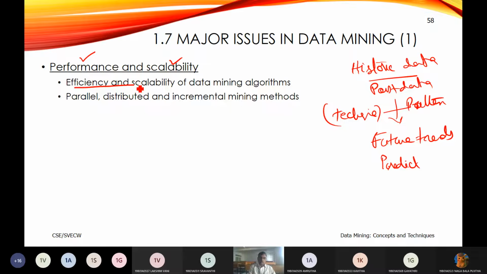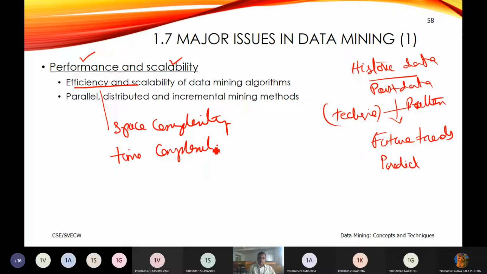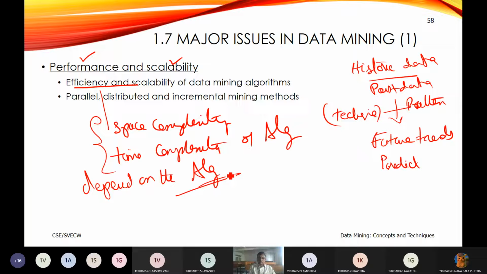Now we will look at the space complexity, and we will look at the time complexity of the algorithm. So this is going to depend on the algorithm, memory and CPU. So these two are going to be parallel factors in order to indicate how efficient the algorithm is going over the database.